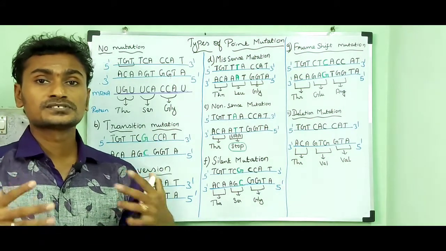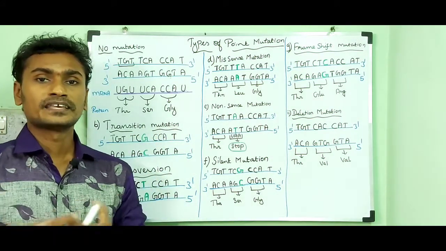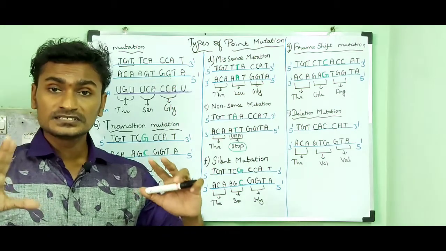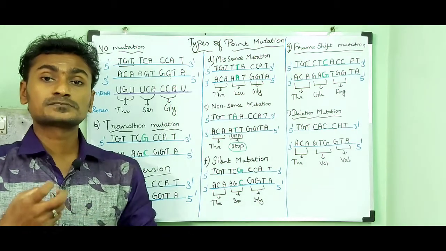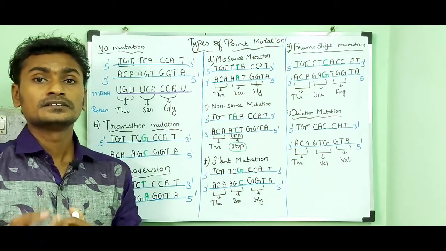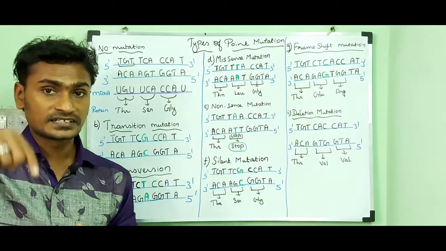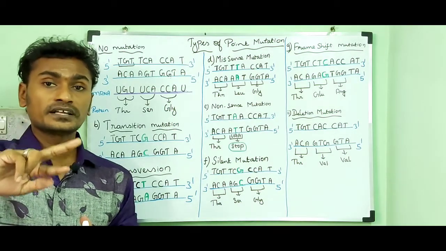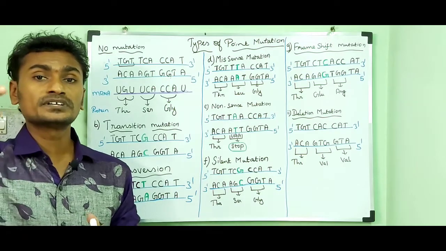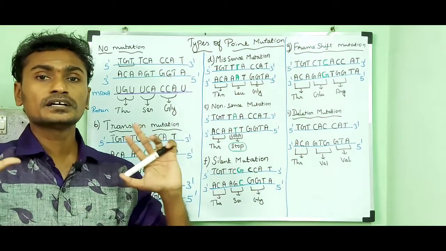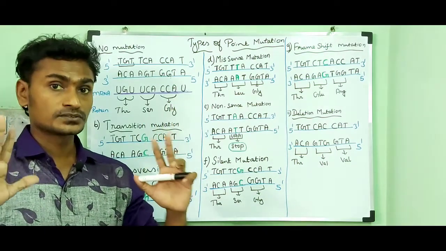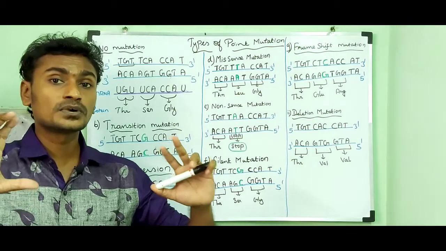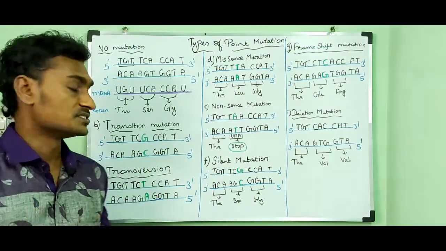Only with that process are our characters expressed, because the DNA is the genetic material. It expresses its character when it undergoes transcription, the mRNA is translated into a protein, and that protein is expressed as a character in our body. That is why it is called the central dogma of molecular biology.